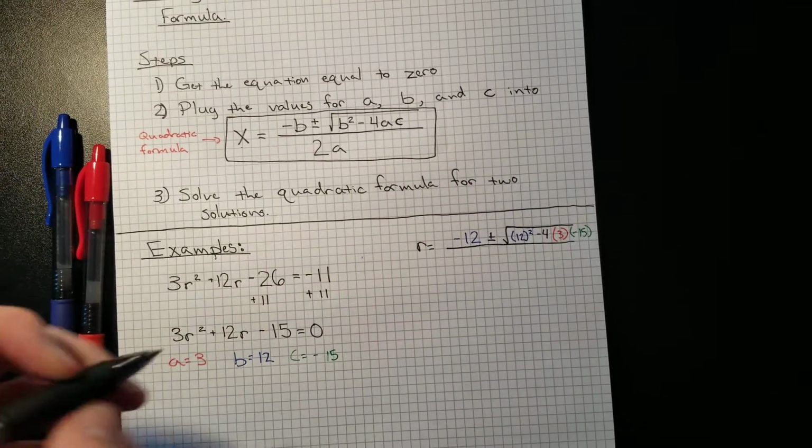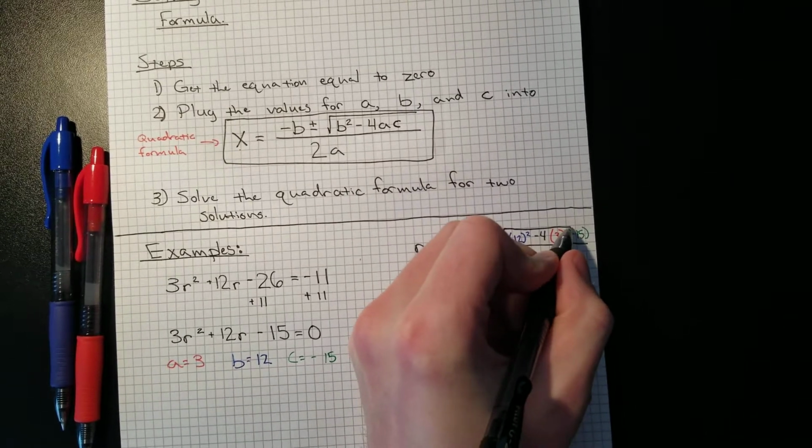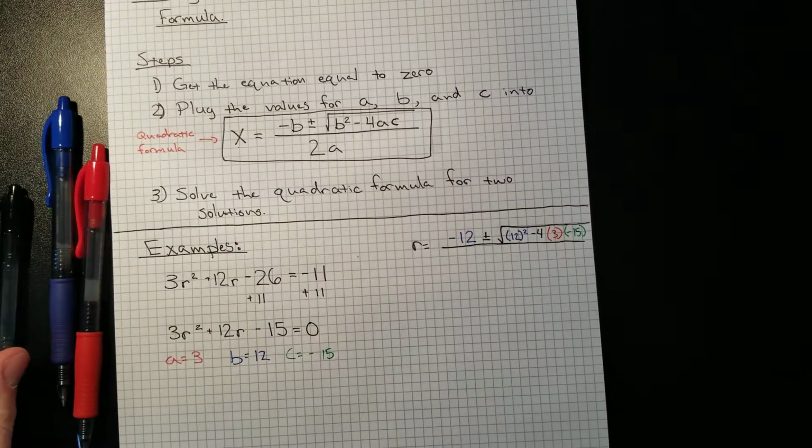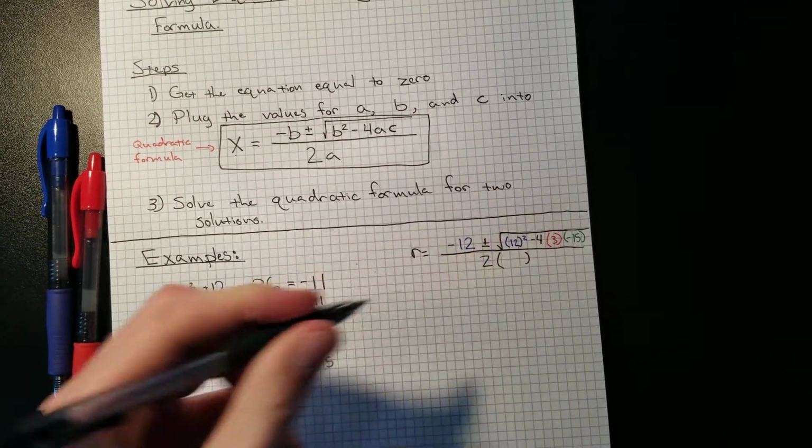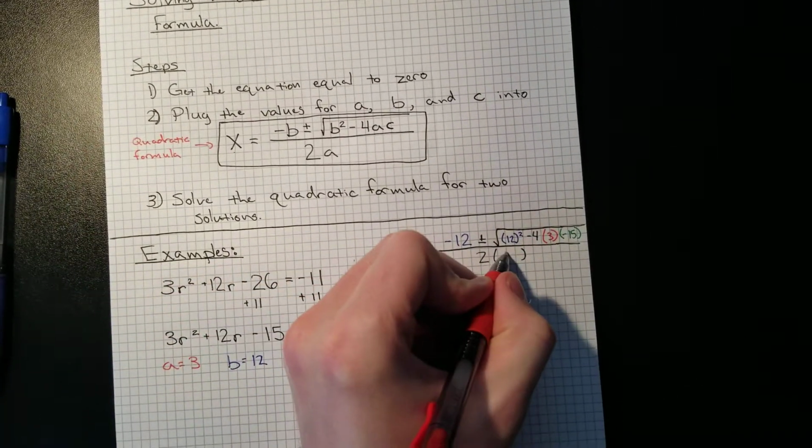So it's a lot of stuff that just went in there. And all divided by 2 times a, which is 3.